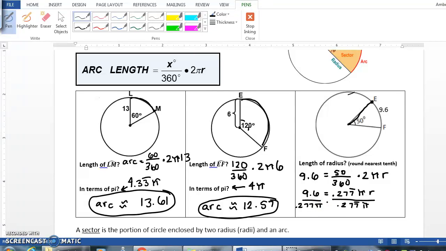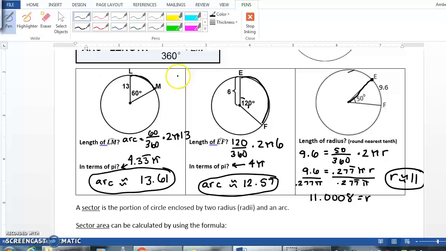So I get 9.6 divided by 0.2777 times pi, and I'm left with 11.0008 equals r. So approximately 11. R, the radius, is approximately 11 if we're rounding to the nearest tenth.